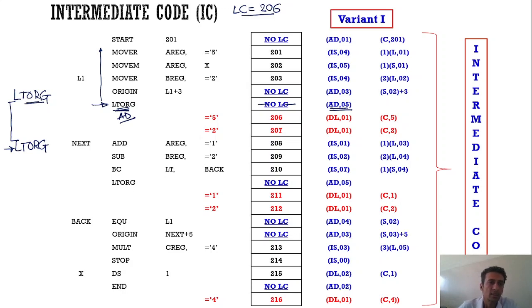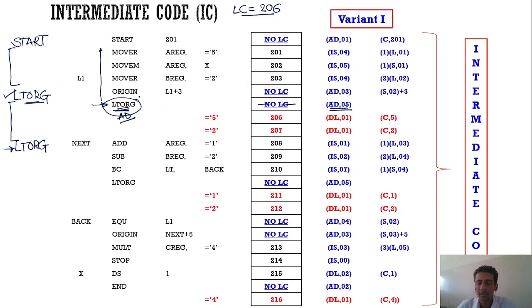But in the first occurrence of LTORG, it is obvious that at the top we have the start instruction. So between the start and LTORG, whatever literals are being used, the assembler will be allocating memory to all those literals. We are discussing this case because this is the first occurrence of LTORG.